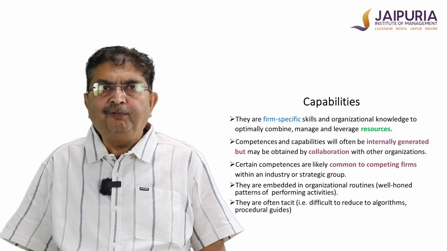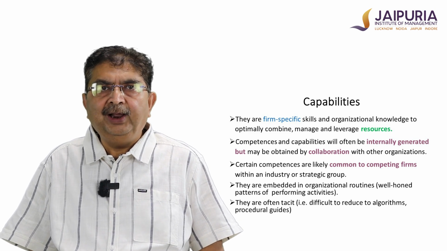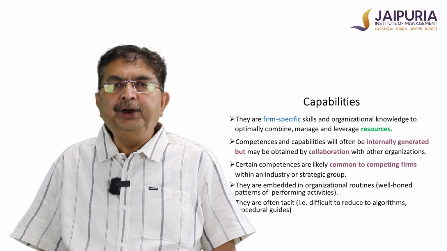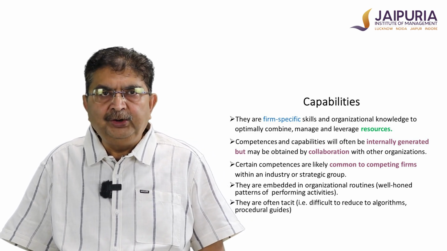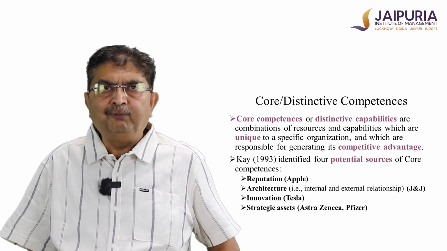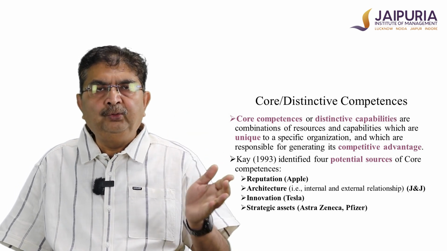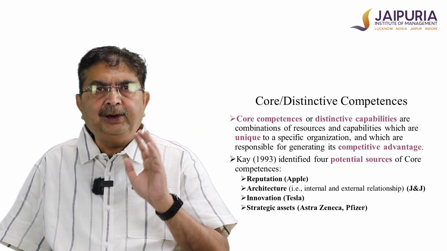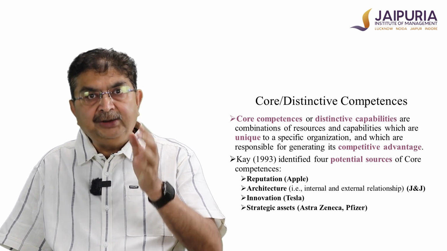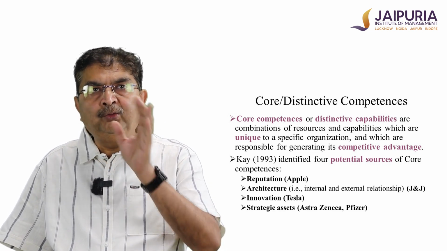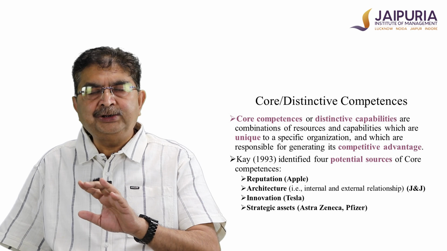And then they are often tacit, that is, they are difficult to reduce to algorithms or procedural guides. The next thing that we shall be understanding is core competencies or distinctive competencies. So you may now understand the sequence. We started with resources, then the way the organization combines, manages and leverages the resources become the capabilities of the organization.